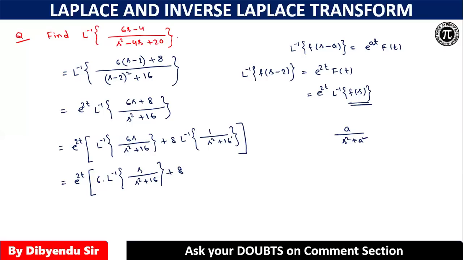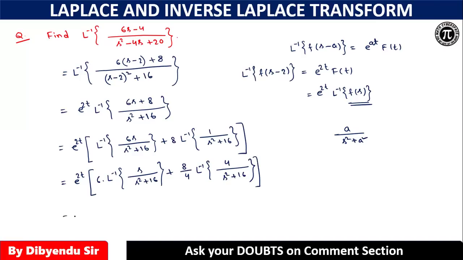This is 4 square. So to get 4 in the numerator, I am dividing 8 by 4, so I am dividing by 4 and here I am multiplying by 4, over s square plus 16. Clear?